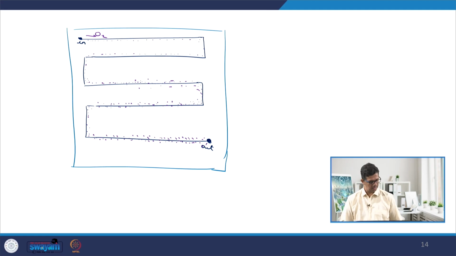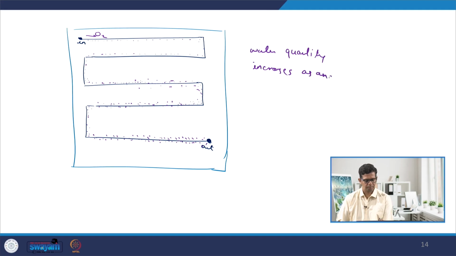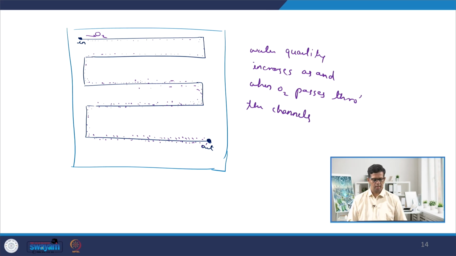So, let me write this up. Water quantity increases as and when oxygen passes through the channels, and this water gets accumulated as and when the oxygen travels, and once it gets accumulated, it is a hindrance to the oxygen supply to the catalyst site, and that is why the performance drops.